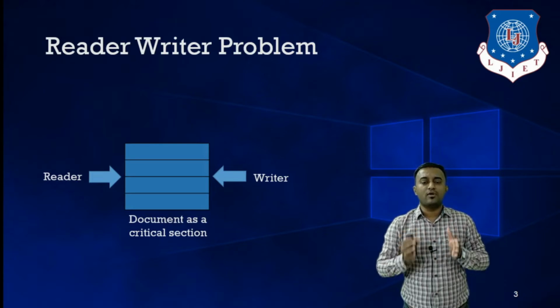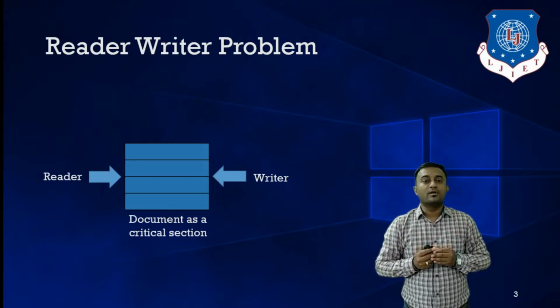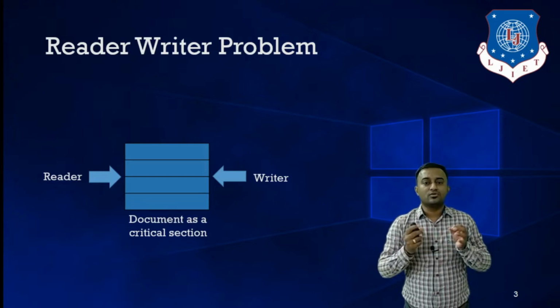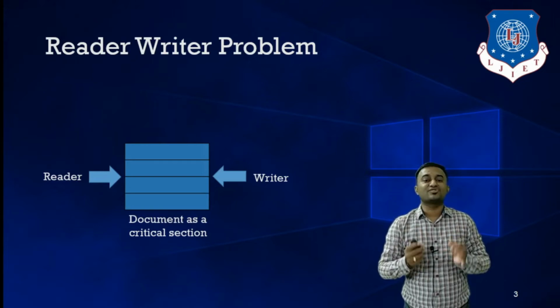What does it mean? We have already understood what a critical section is in the previous scenario. A critical section is nothing but a section of code in a process in which that process is trying to use shared resources. When we are talking about shared resources, synchronization is required.